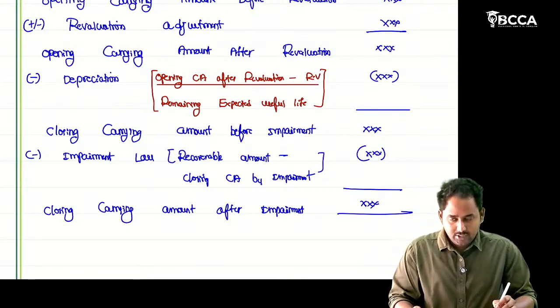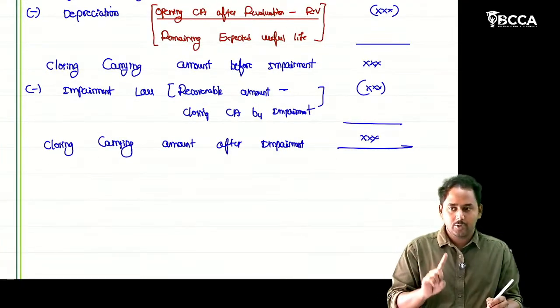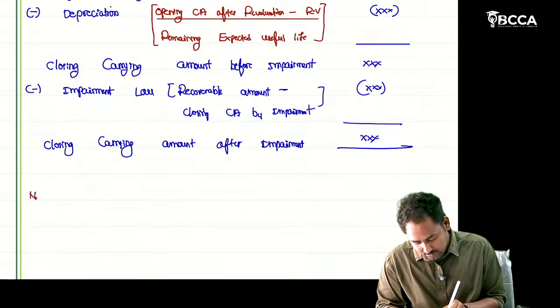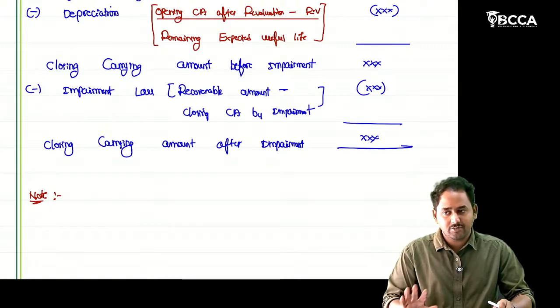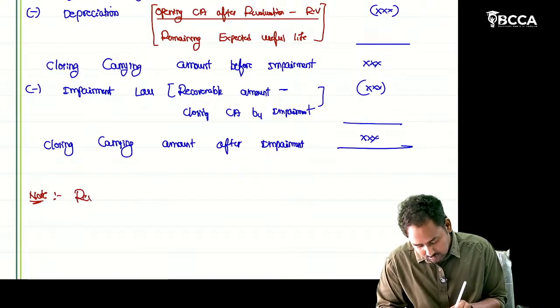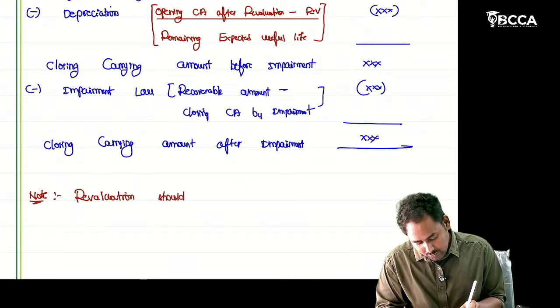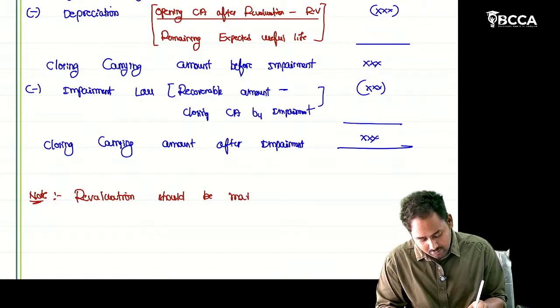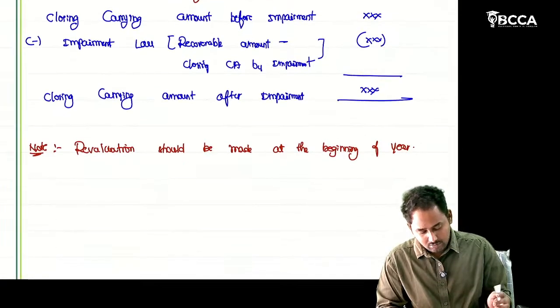Okay, this is the closing carrying amount after impairment. So two note points should be noted down. Note 1: Revaluation is always done at the beginning of the year. Revaluation should be made at the beginning of the year.